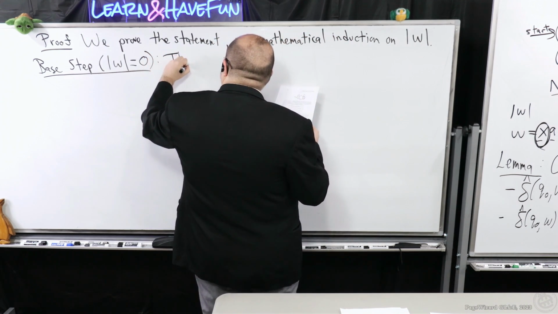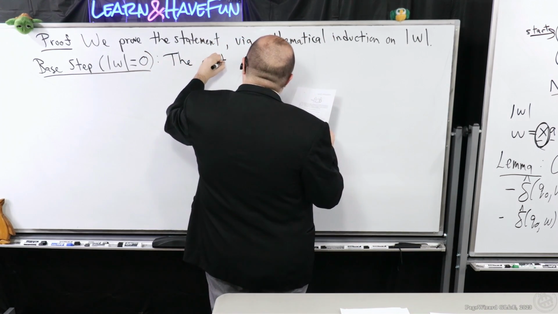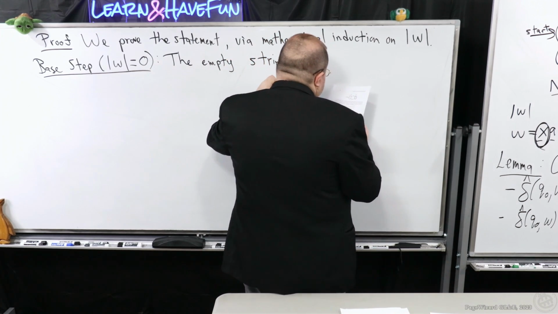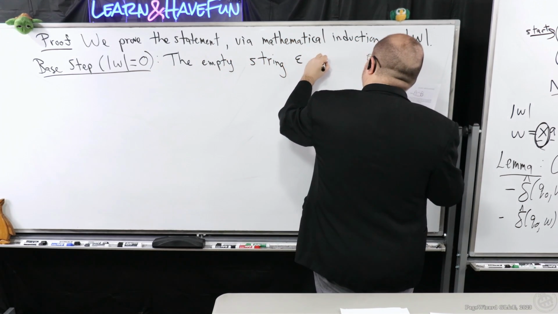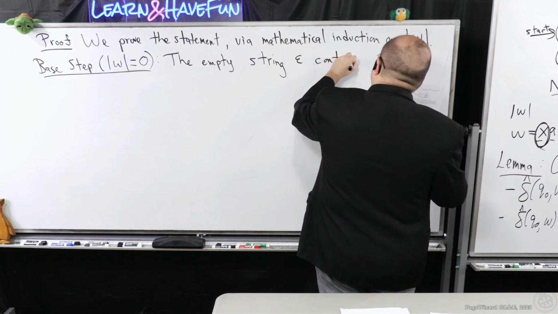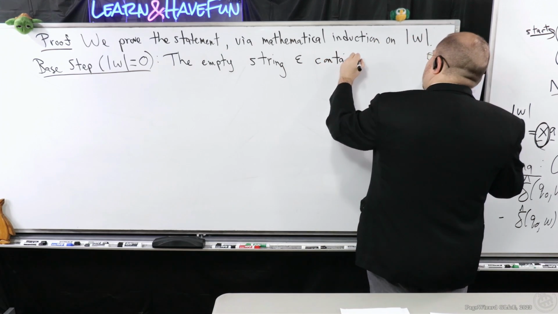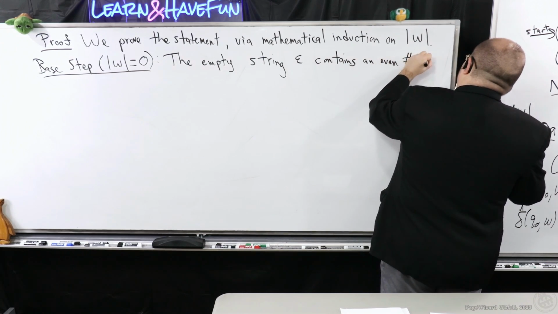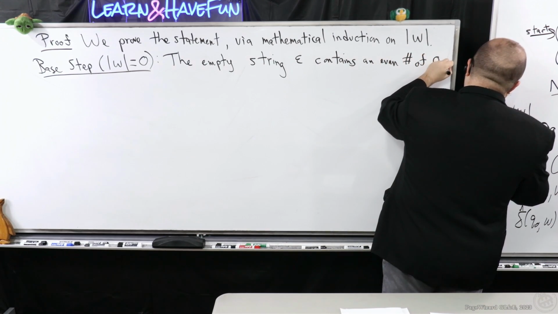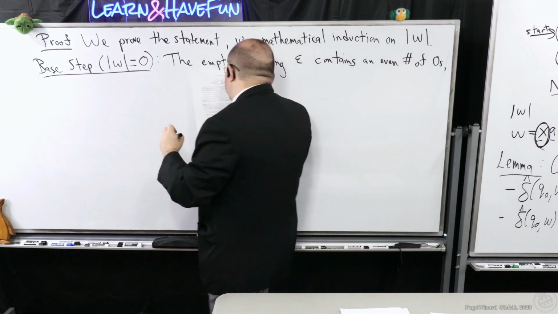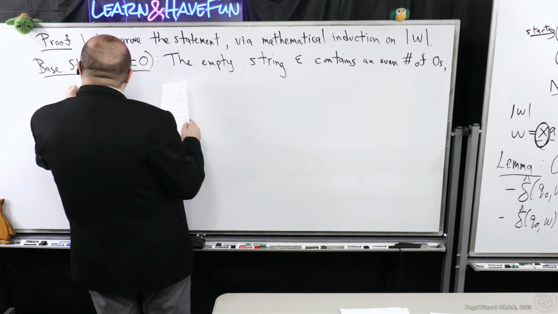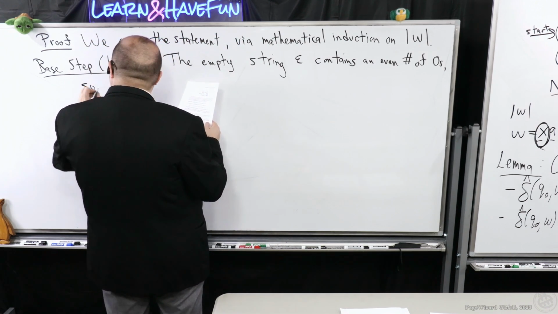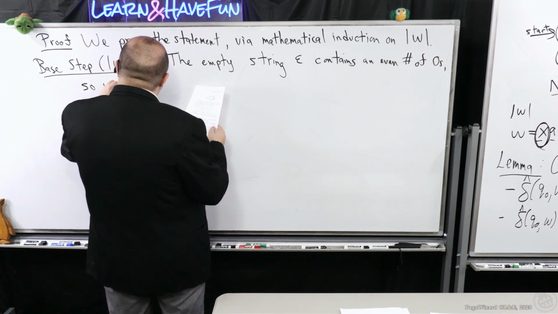So the empty string epsilon contains an even number of zeros.